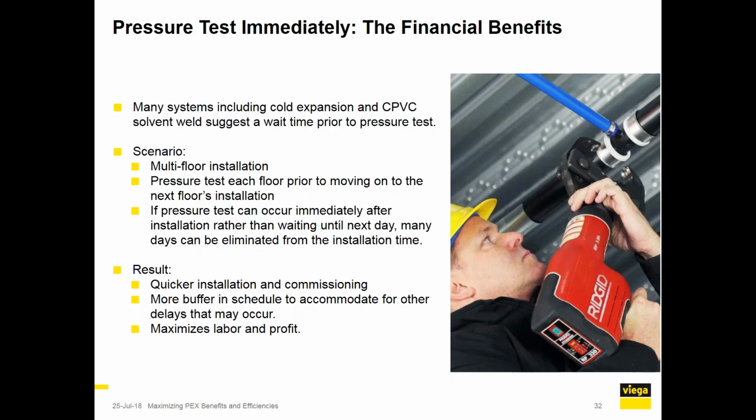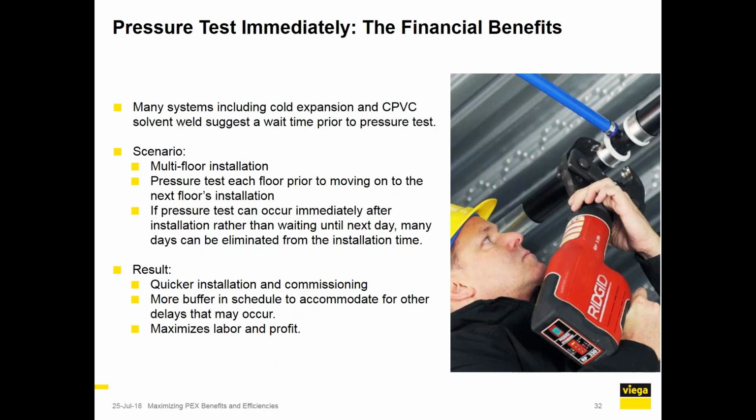So say you finish the floor installation of all of the potable distribution lines on a Thursday, and with a solvent weld or a cold expansion system, you're waiting until the next day to do the pressure test, just to make sure all the system has contracted with the fittings or cured with the solvent weld. However, imagine you installed a Viega PureFlow system, and you're able to finish the job halfway through the day on Thursday, and you've got time for your pressure test that afternoon.